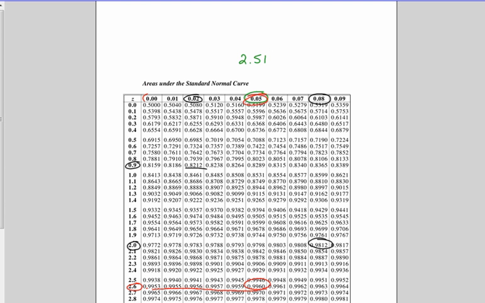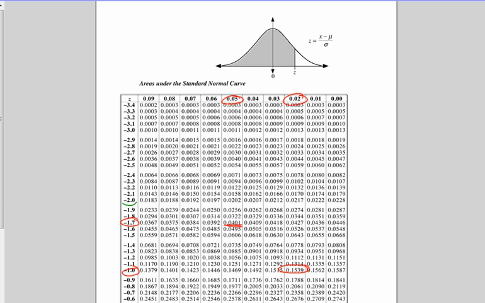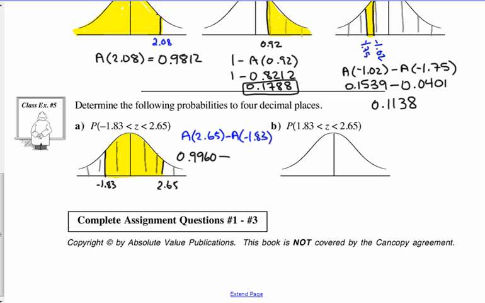So grab my table, now the negative. Yeah, here we go, negative 1.3. Negative 1.8 is right there, and 3 is over here. So we line up, they meet at 0.0336.